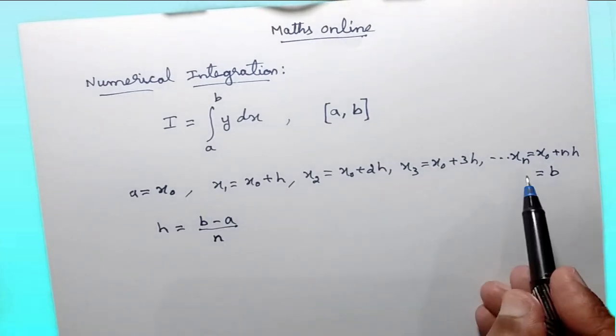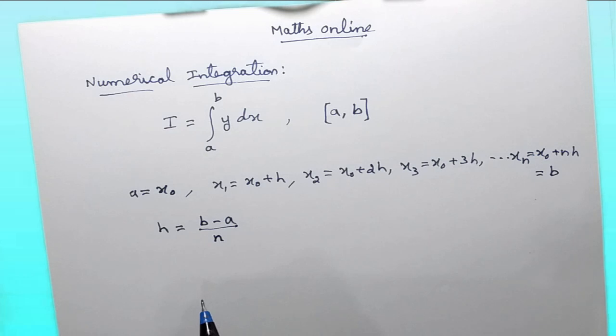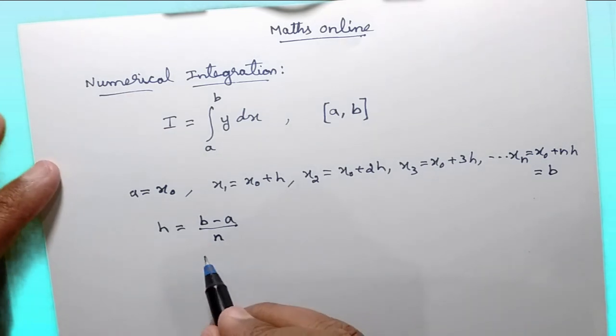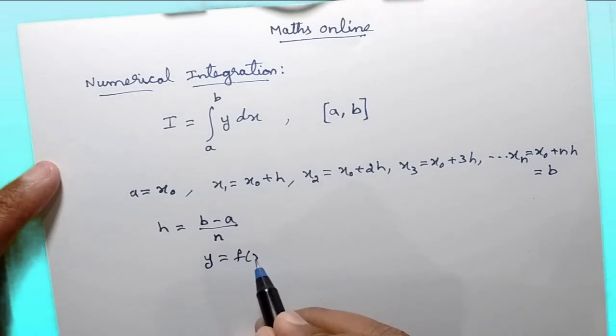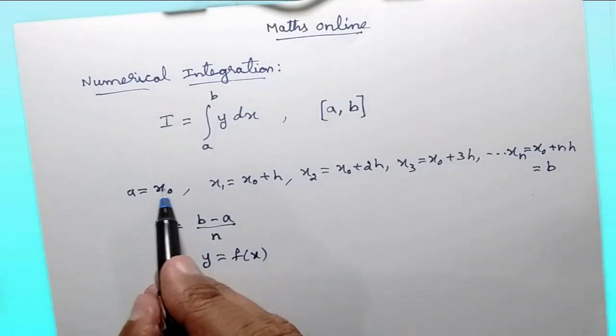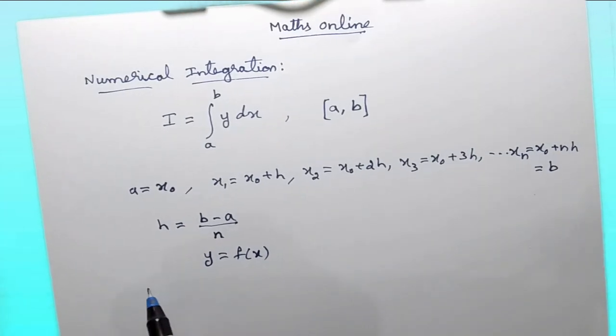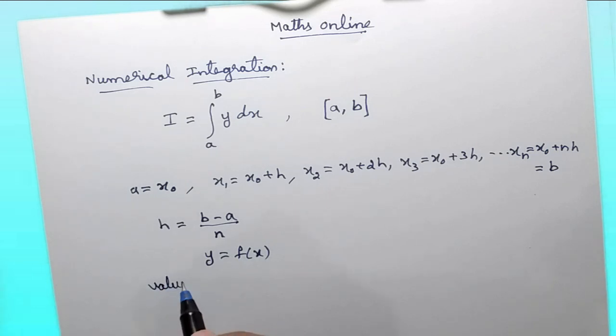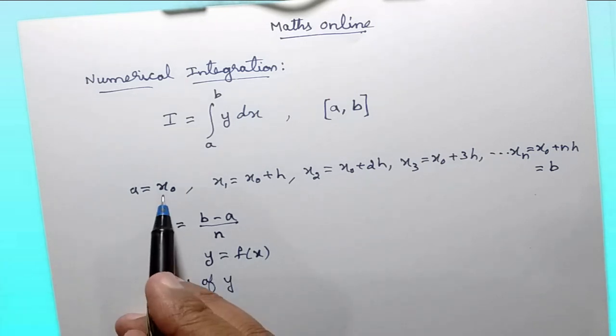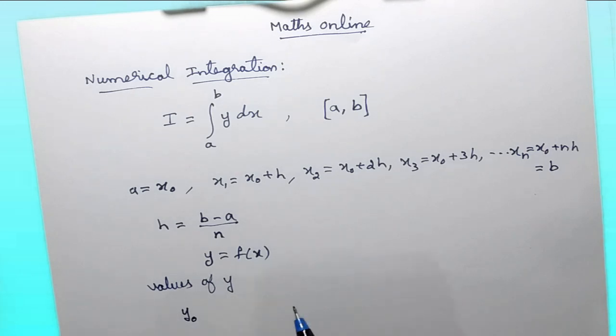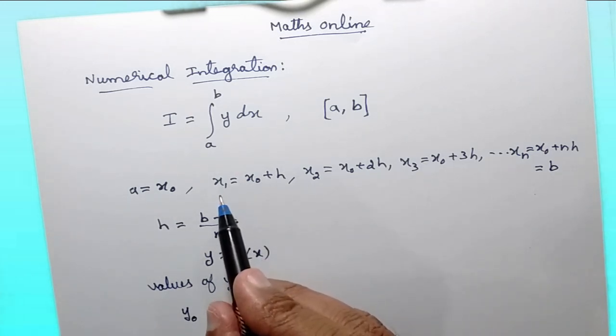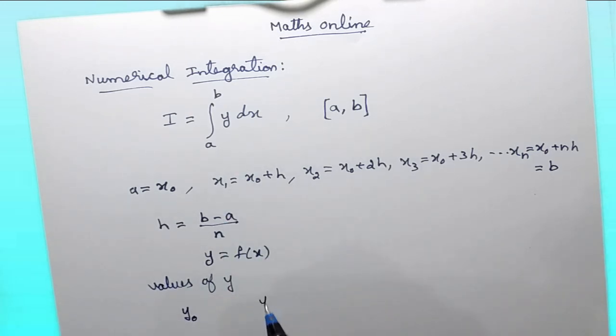Once you know the values of x, the corresponding value of y can be evaluated by using the function y is equal to f of x. For x naught, the corresponding value of y will be y naught, which is f of x naught. For x1, the corresponding value of y1 will be f of x1.